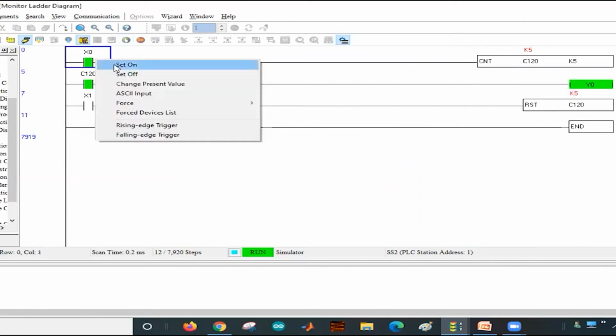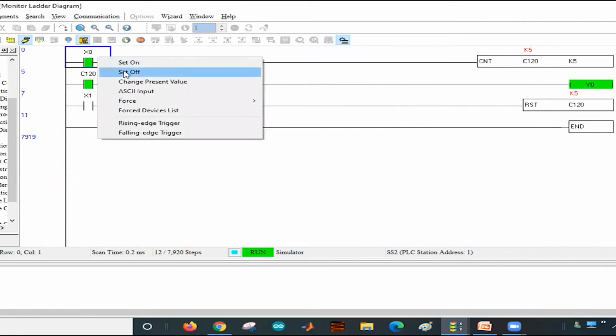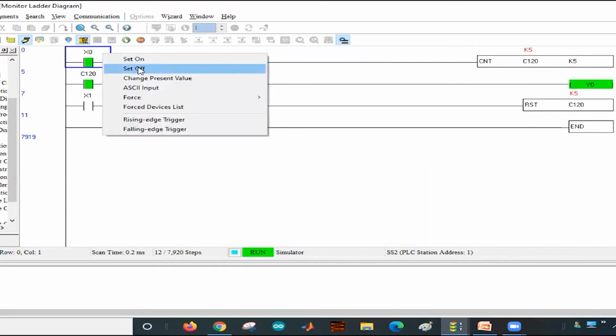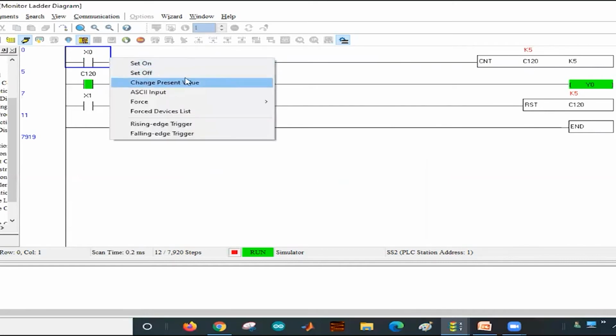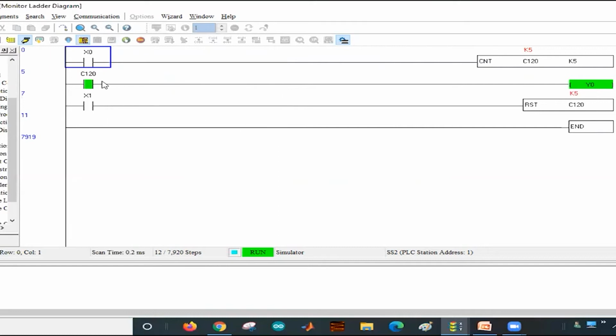See here, when your photo sensor detects the products, the counter value will go on increasing. As the counter is retaining its previous value 5 until you reset it, it won't start from 0 again.